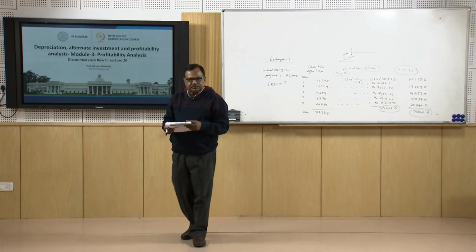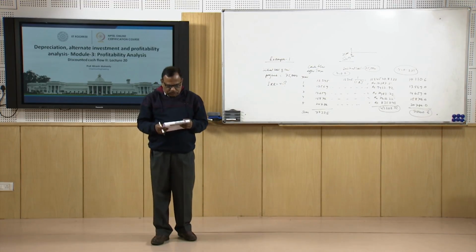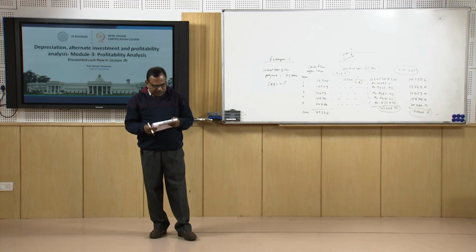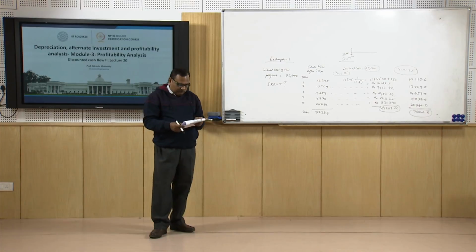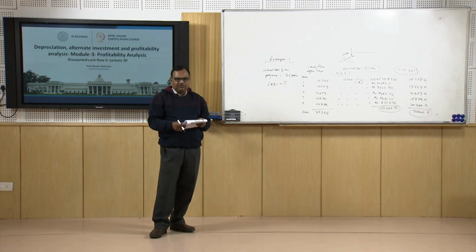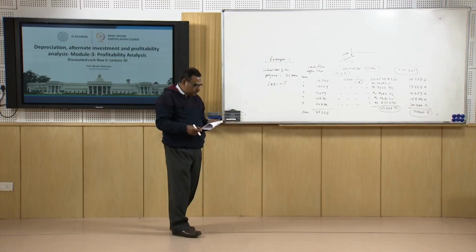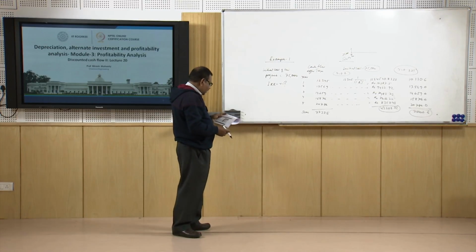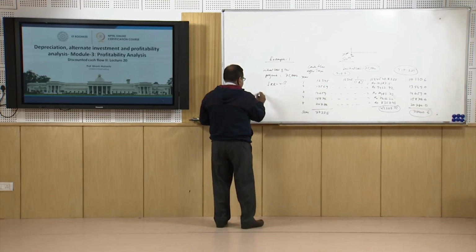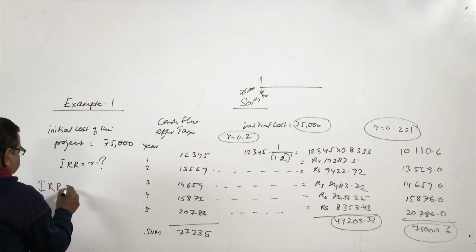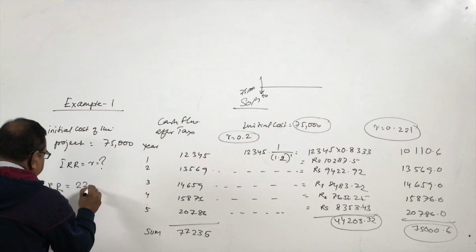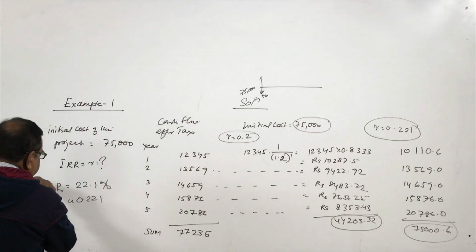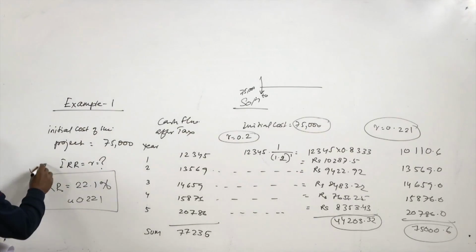For the present problem, when I take R equal to 0.221, that is 22.1%, the sum of the present value of the cash inflow becomes equal to 75,000.6, which is almost equal to the cash outflow, which is 75,000, and thus the internal rate of return IRR for this problem is 22.1%. This is my answer.